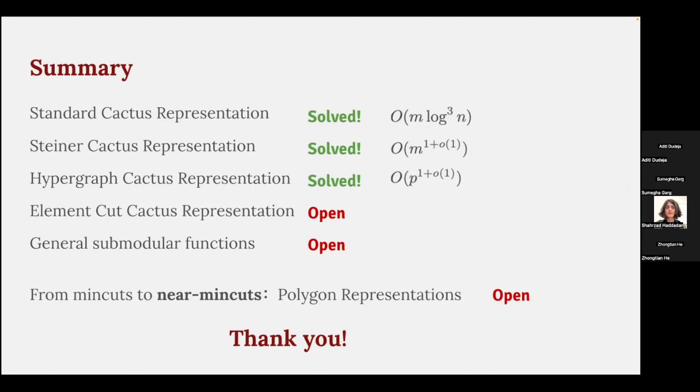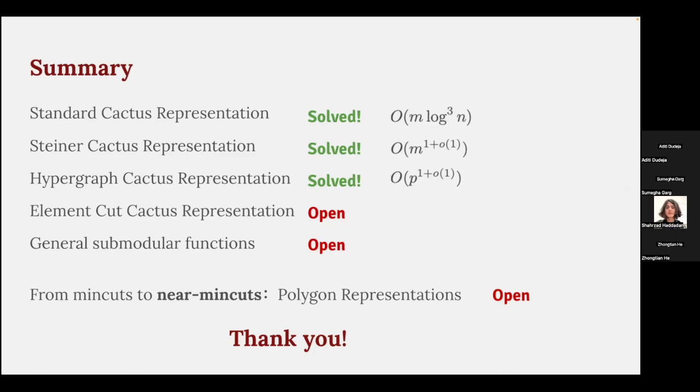Beyond Cactus, there are problems like near min cuts. There exists a polygon representation that preserves all, say, 4/3 or 6/5 near min cuts.